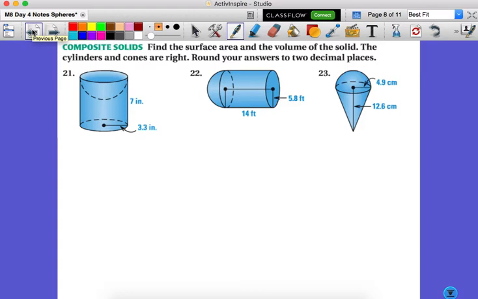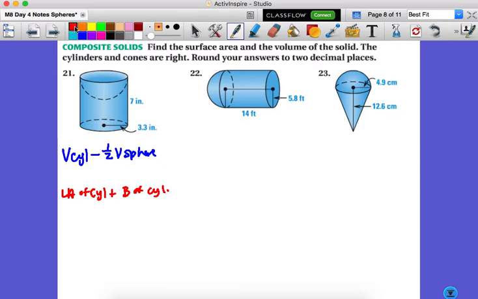So with volume, we would find the volume of the cylinder minus half the volume of the sphere, kind of like we did before. However, for surface area, we would need to be a little bit more careful. We would need to have the lateral area of the cylinder plus one base of the cylinder, right?